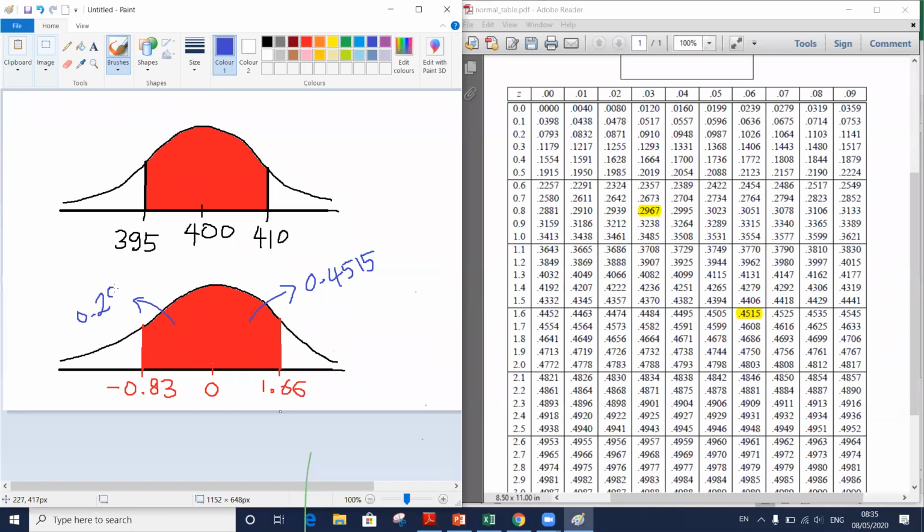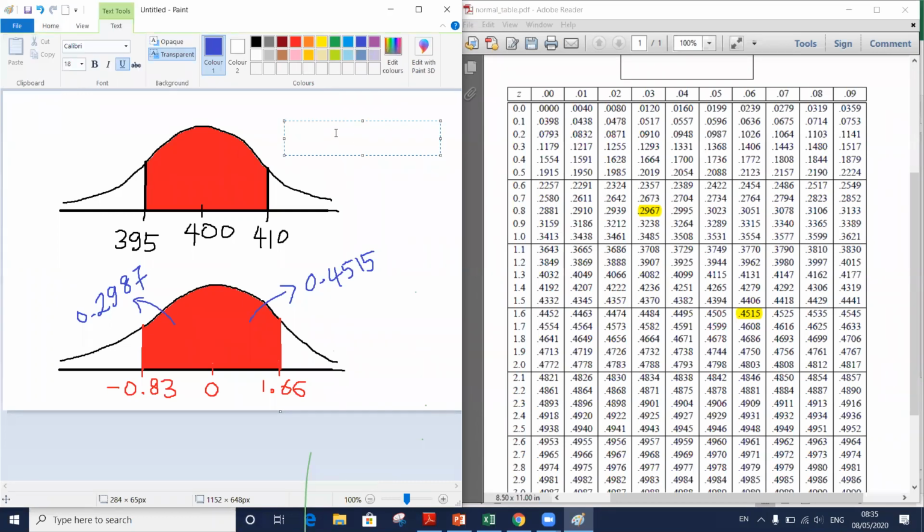And what is the total probability? The total probability should be the sum of these two, 0.2967 plus 0.4515.